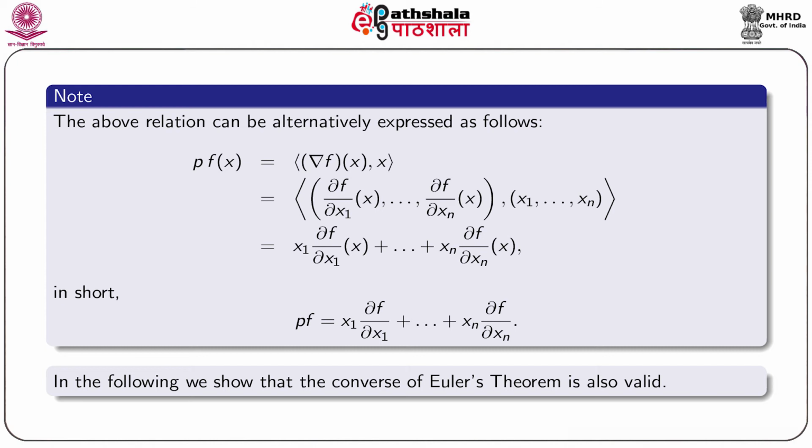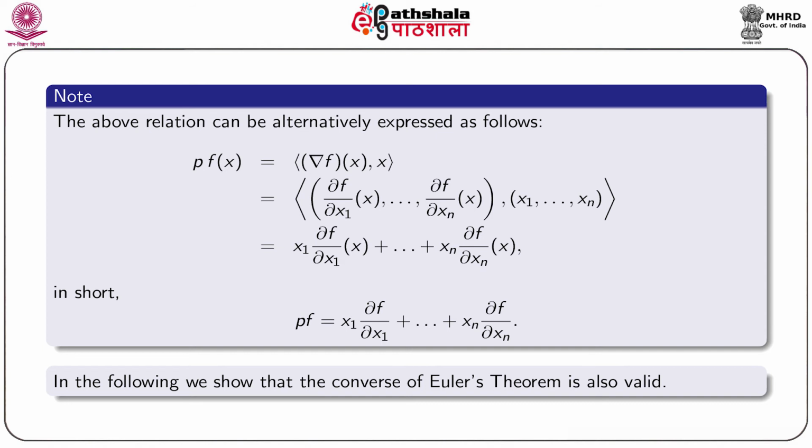So, we have x1 del f/del x1 at x plus up to xn del f/del xn at x. In short, we can express this as p f equal to x1 del f/del x1 sum up to the nth such term, that is xn del f/del xn.